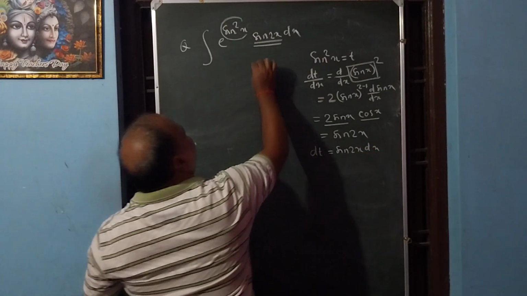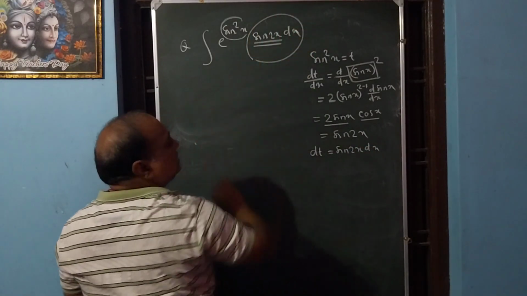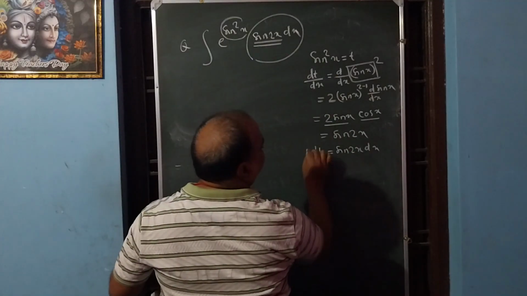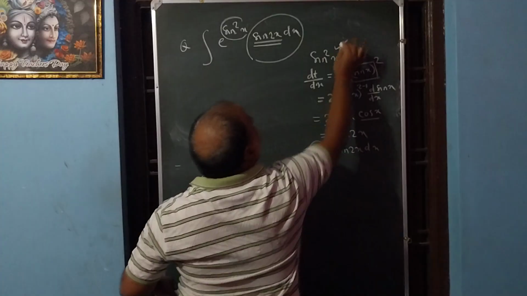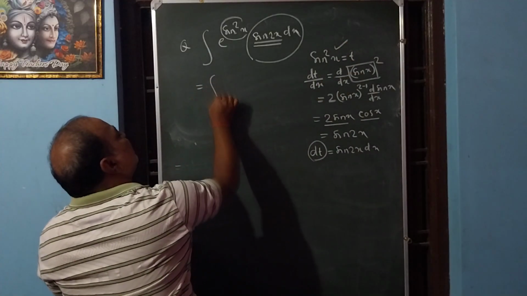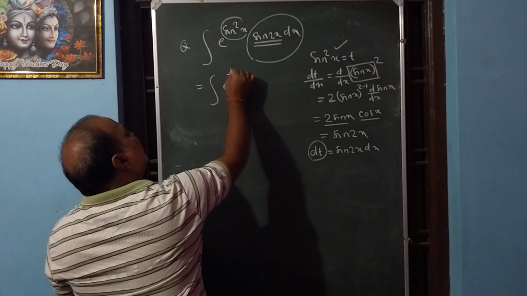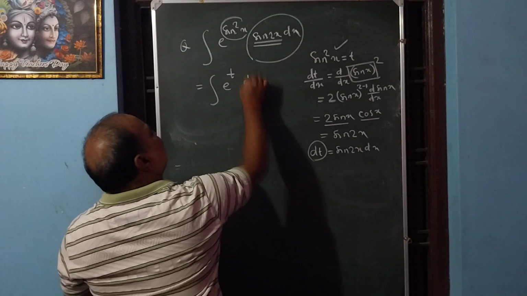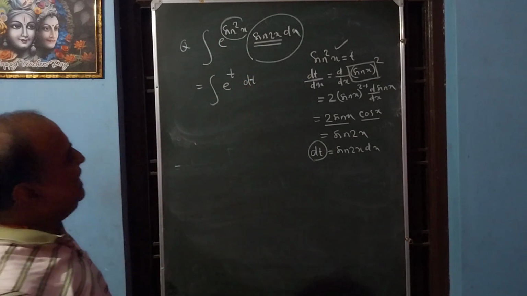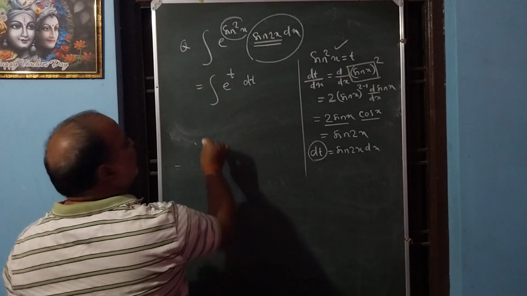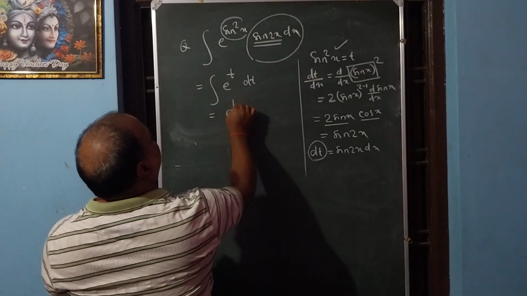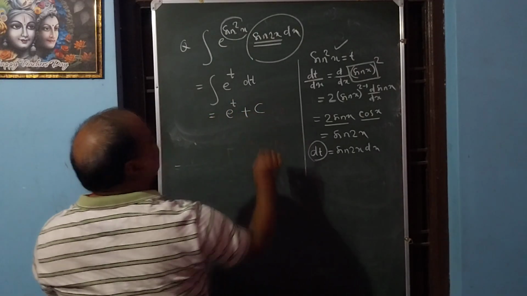Now in place of sin 2x dx, we have to put dt. In place of sin square x, you have to put t. So we get e to the power t dt. The integration of e to the power t dt is e to the power t plus c.